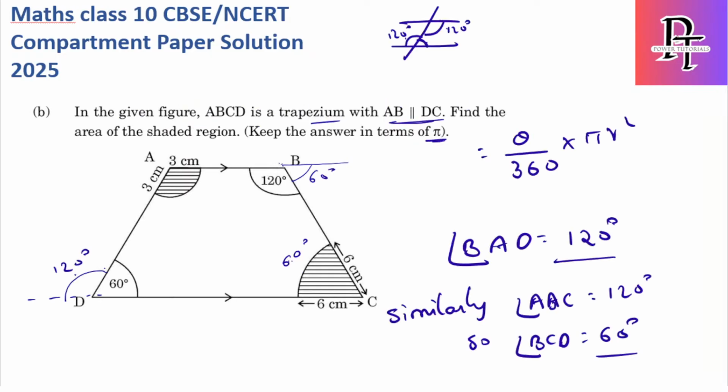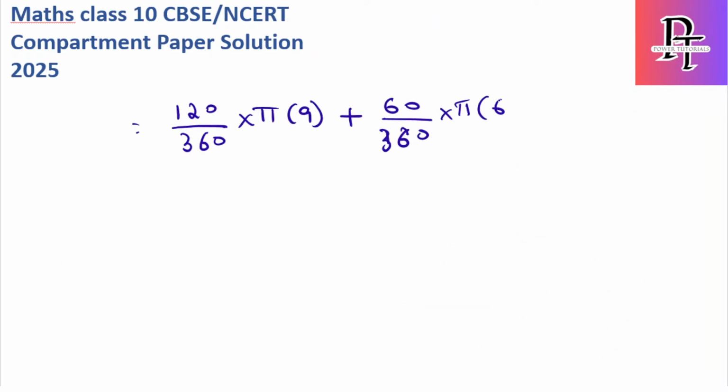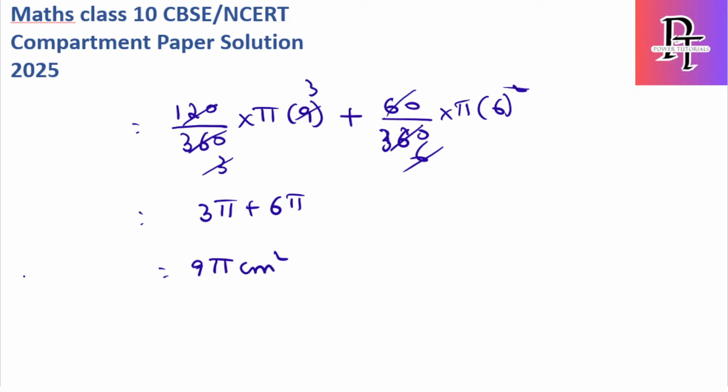This r value is 6 centimeters, so it is 6 square. So 120 by 360 is a third and 60 by 360 is a sixth, 6 square cancelled out, 3 ones are 3. So the answer is easy, it is 3 pi plus 6 pi or 9 pi, and it is in centimeters, so 9 pi centimeter square is the area of the shaded region.